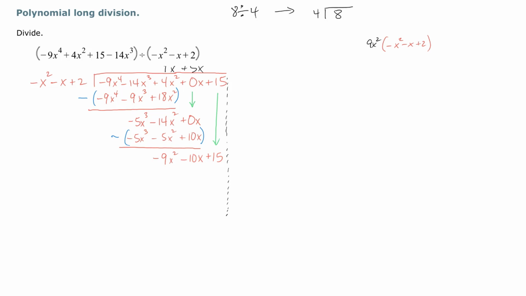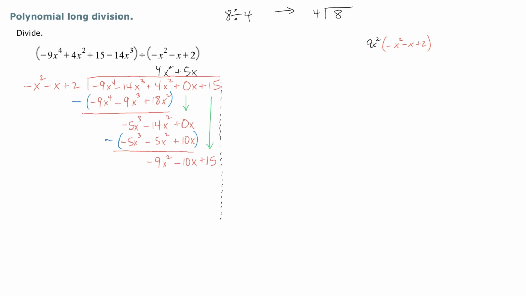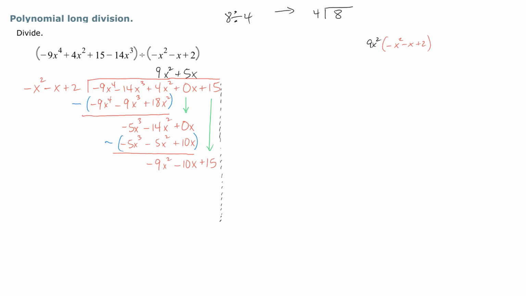We're at the question again about how many times does negative x squared minus x plus 2 go into negative 9x squared? And the answer is plus 9. Plus 9.